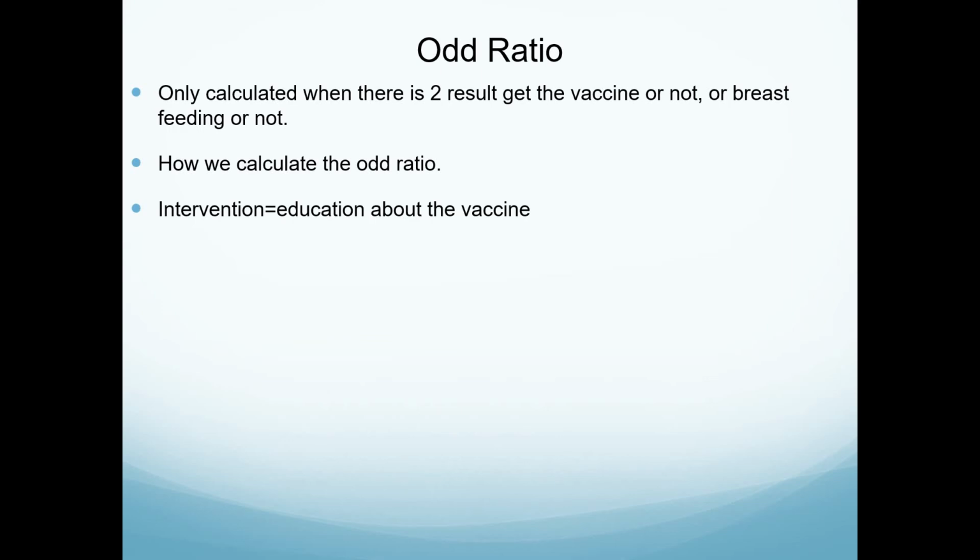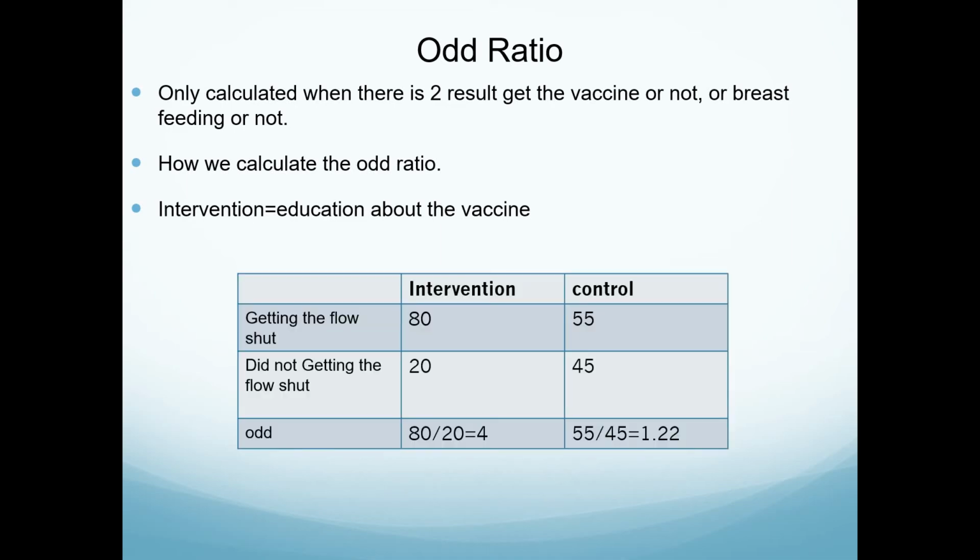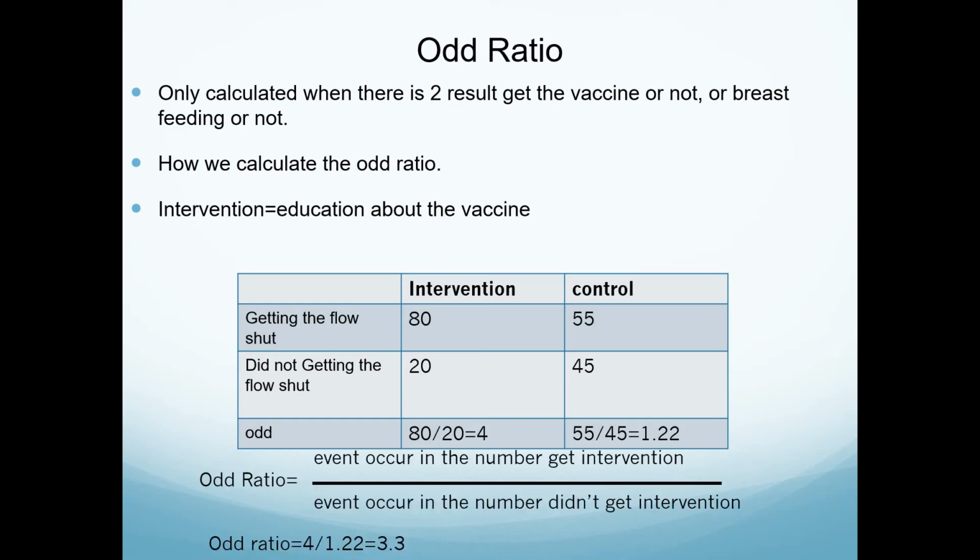Remember that this data shouldn't be used for decision making because it is a hypothetical situation, and the intervention is education about the vaccination in this example. For example, there are two groups: an intervention group and a control group. We are giving education about the vaccination and pregnancy to one group, and the other group we didn't give any intervention.